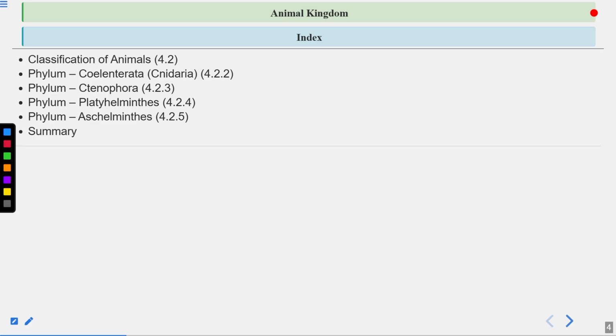So the level of organization is cellular, that we have seen yesterday. Mostly they are marine, not exclusively, but some freshwater ones are also reported.